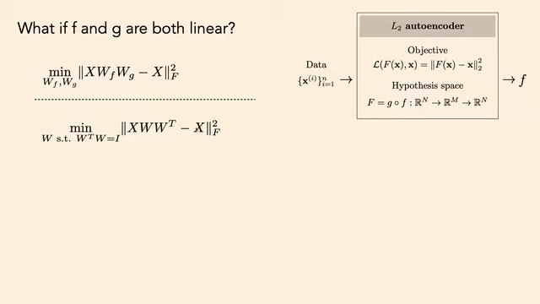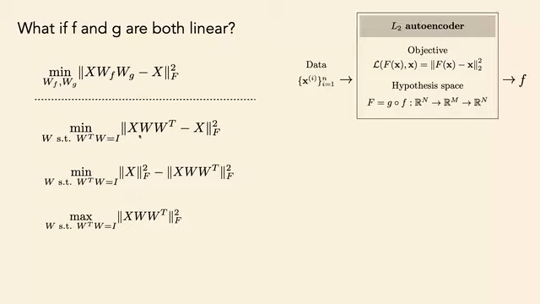So you can work through the math. If you're more familiar with PCA as maximizing the variance in the projected space, then you can work out that this thing under this condition is equivalent to minimizing the variance in X minus the variance in the transformed version of X. Then we can maximize instead and change the sign to plus, and then we can remove this term because it doesn't depend on W, and we're maximizing over W. Then this is just maximizing the variance captured in the reconstructions.